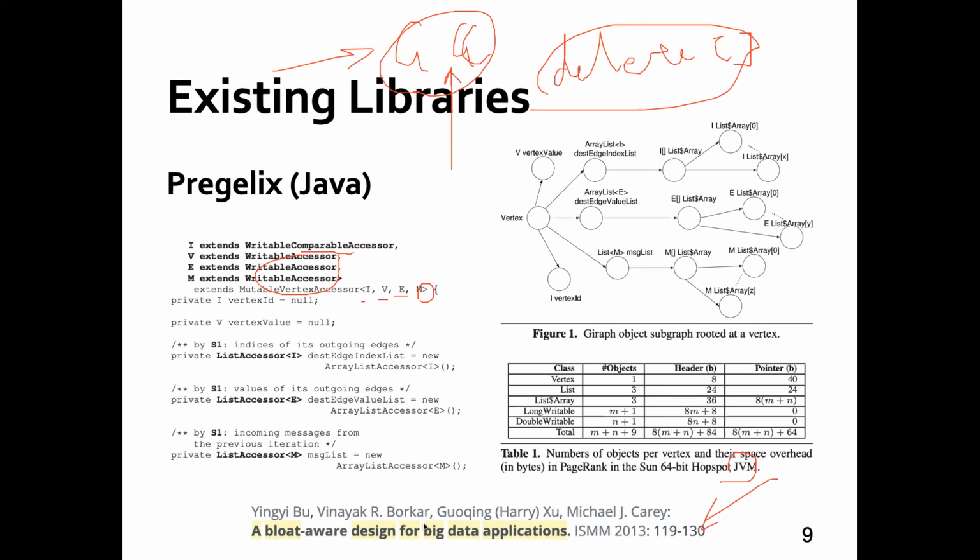There are people who talk about bloat-aware design for big data applications, and it's basically saying that in this Pregel-like, think-like-a-vertex system, they need to make everything writable, so that in memory it's a byte stream. What you can do is save these as binary streams.